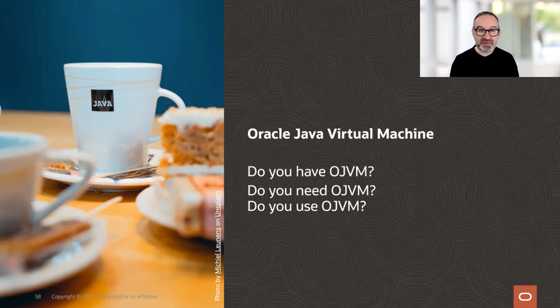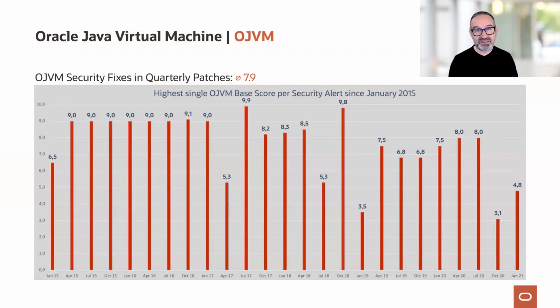And why am I insisting here? This is the reason. If you have the Oracle Java Virtual Machine in your database, I went back and revisited all the security bulletins and security matrices back to January 2015. I always used the highest scored OJVM and put that in a slide here.